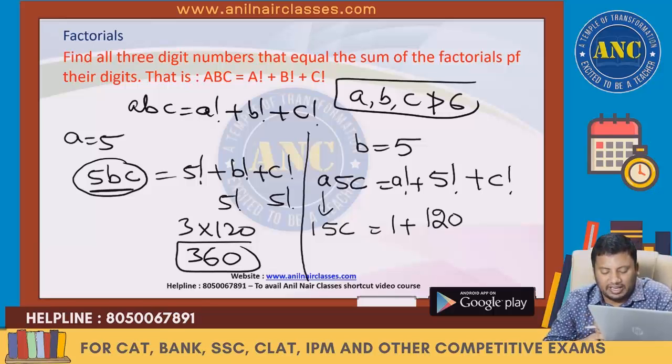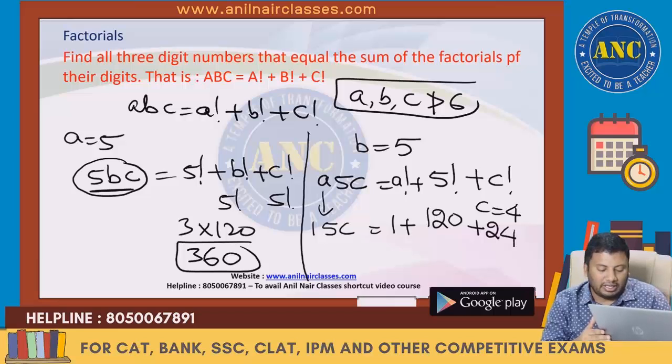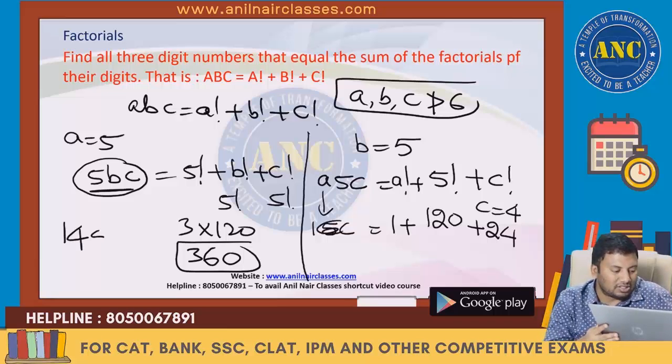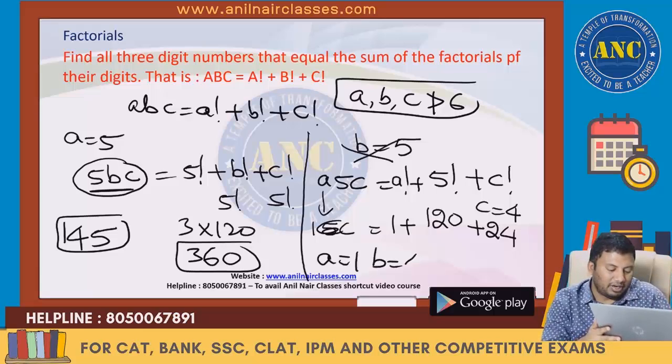So if I take C as 4 factorial, this is becoming 24. 120 plus 24, 144, 145. So one number is 145, where B5 will become C5. I hope it is clear. A1, B4, C5. Any doubt, ask me.